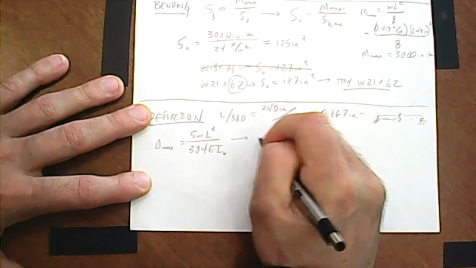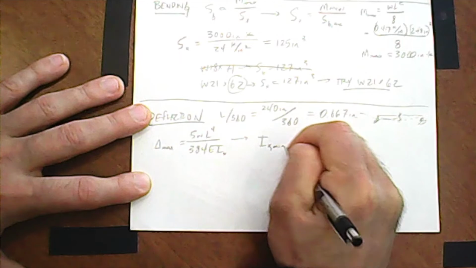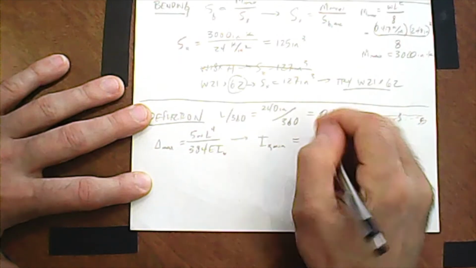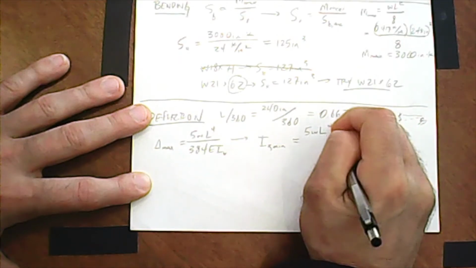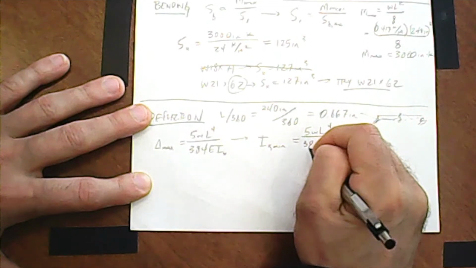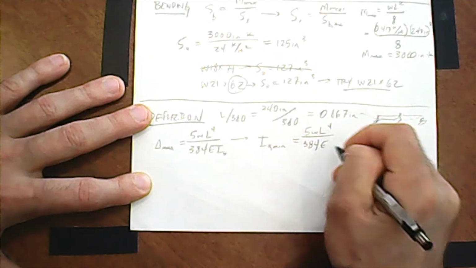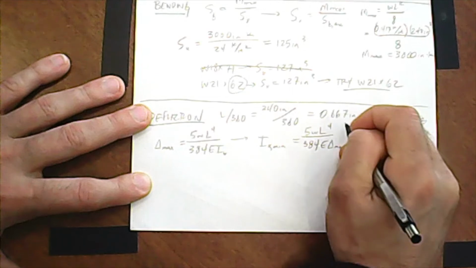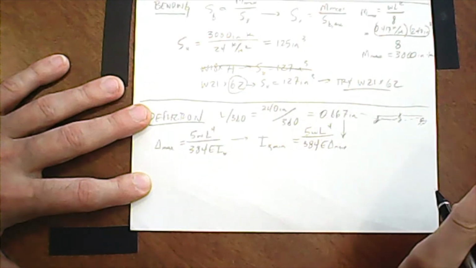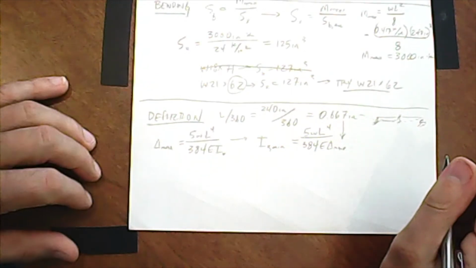Since the I is in the denominator and delta max in the numerator, we can just flip. So we can say Ix, and that's a minimum, is going to be equal to 5WL to the 4th over 384 E times delta max. And of course, we're going to take that 0.667 and use that as delta max.